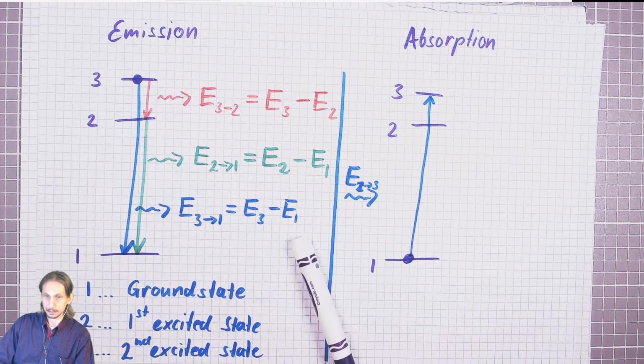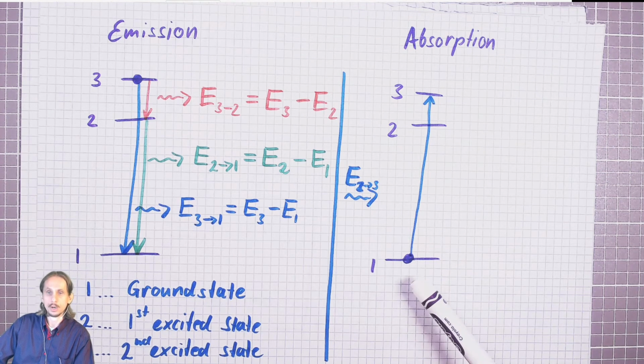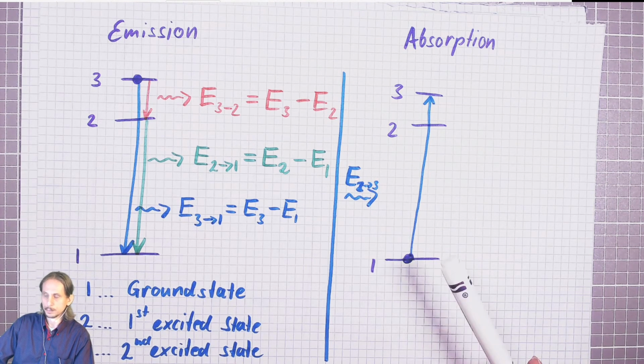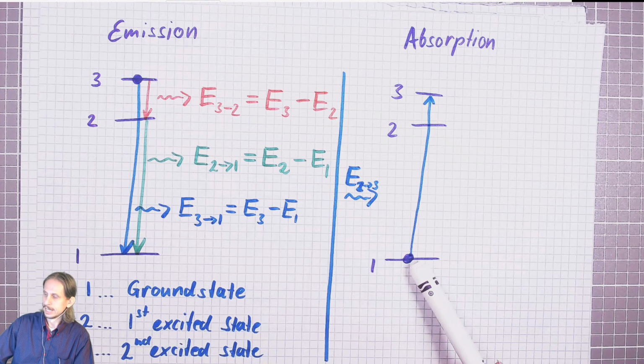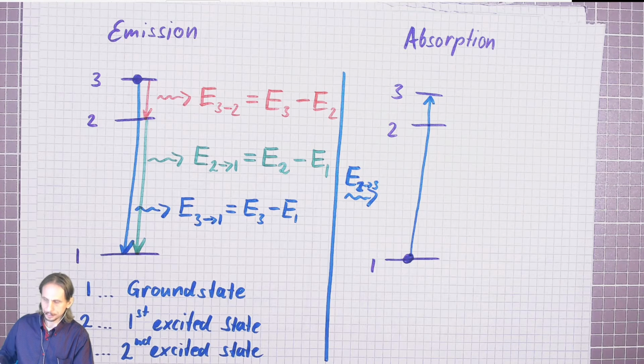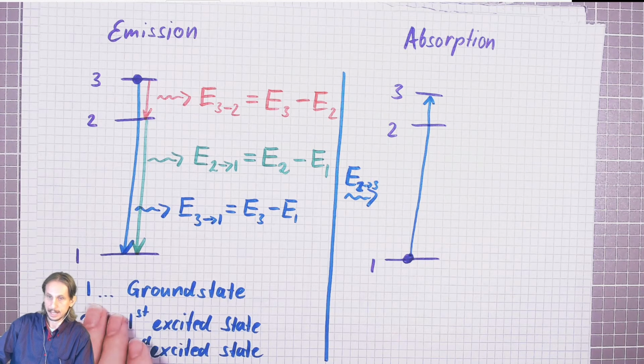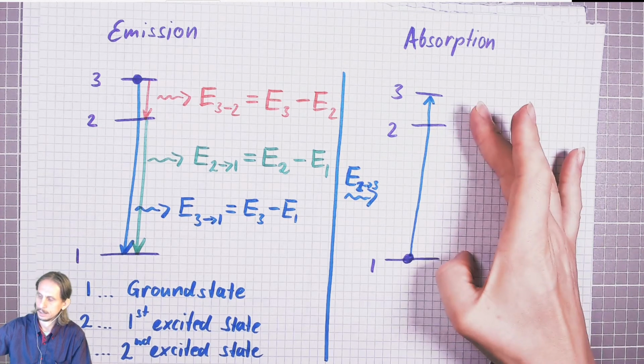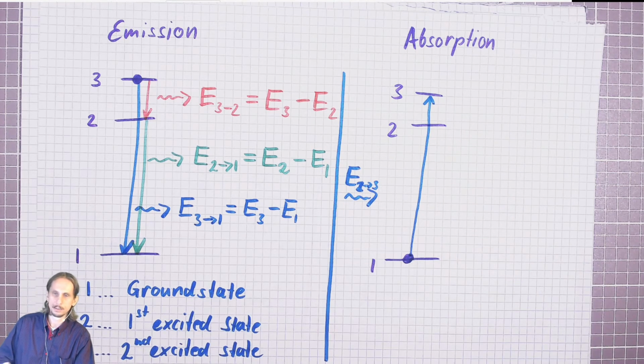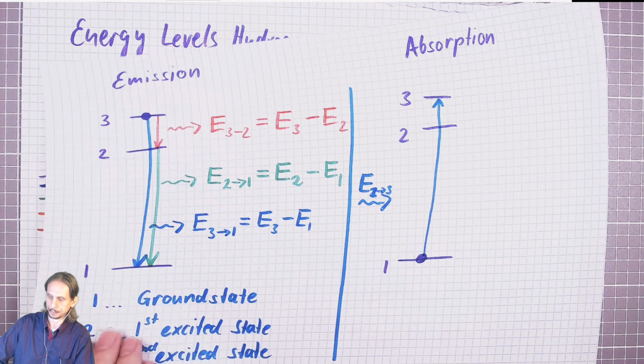atomic energy levels. We have learned that a cold atom normally sits in its ground state, and we can absorb light from the ground state into these excited states. We have learned that this absorption can only happen if the incoming photon is exactly resonant with the difference of the energy levels inside our atom.